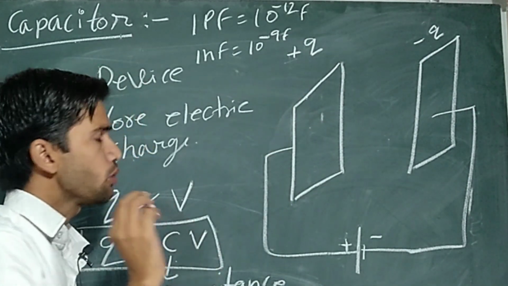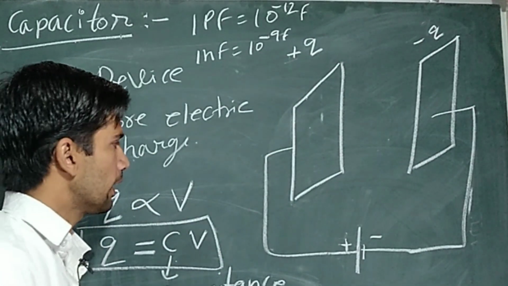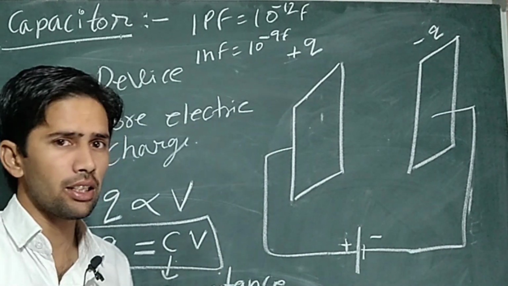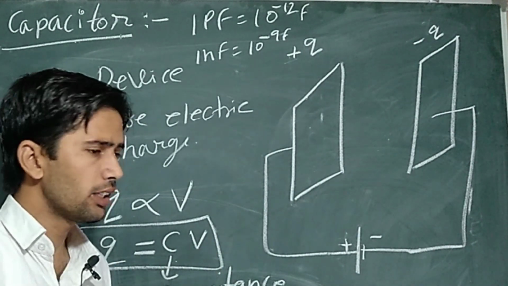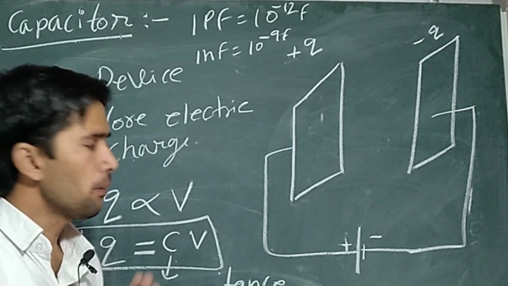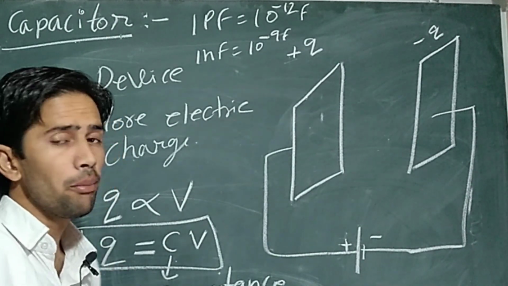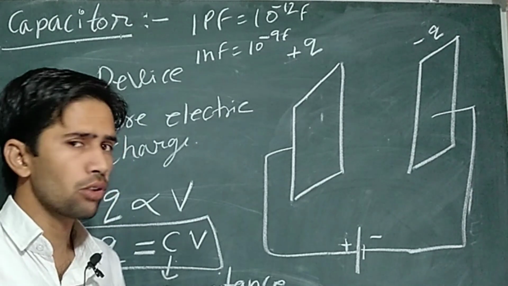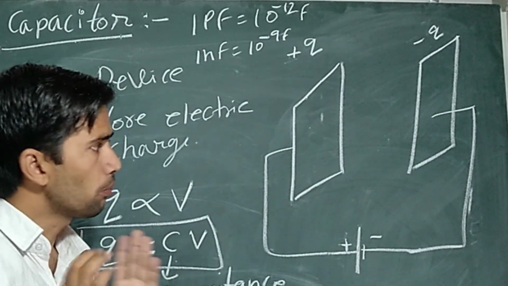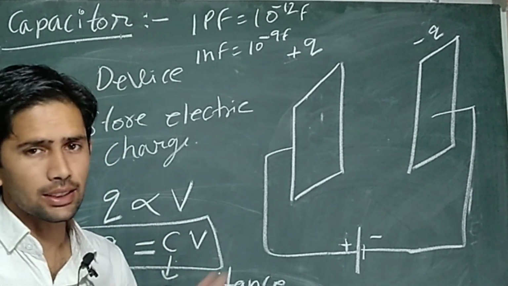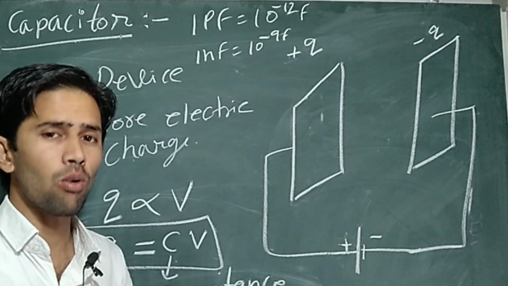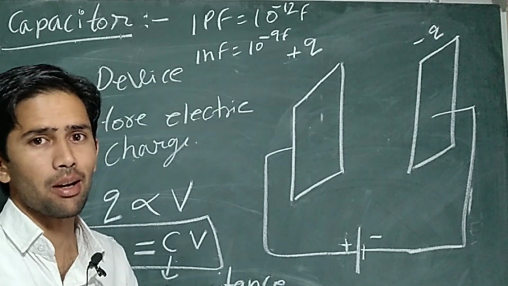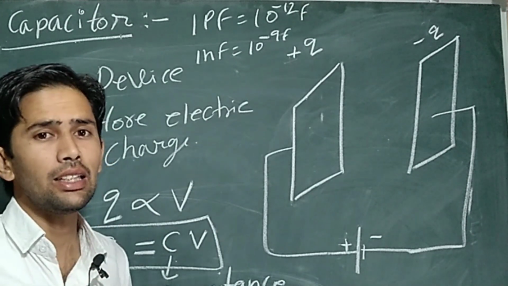We use small units because 1 farad is such a large amount of capacitance. You can think of it as so large that if a plate of a few kilometers length and a few kilometers width, and two plates of the same kind are placed together with a very large spacing between them, only then can we reach 1 farad capacitance. Practically, this is not possible.